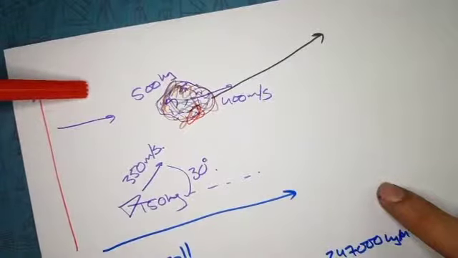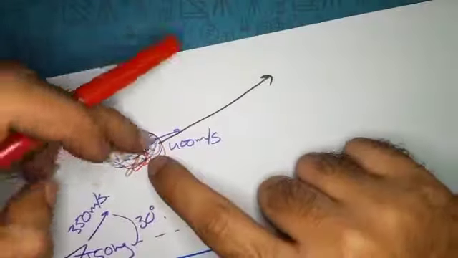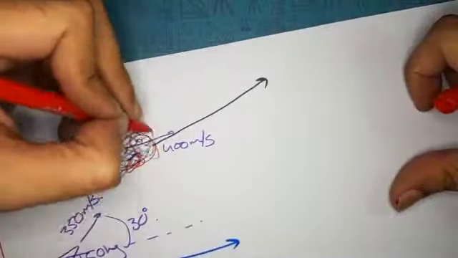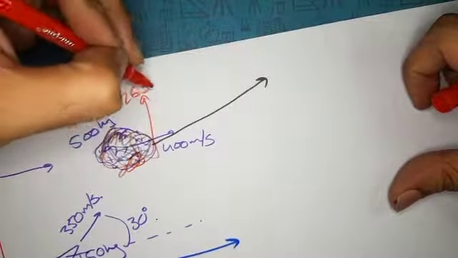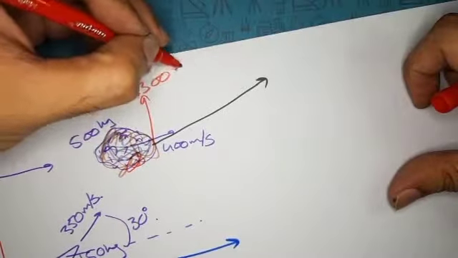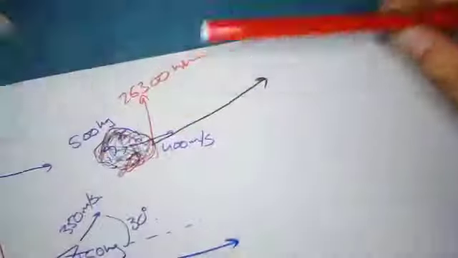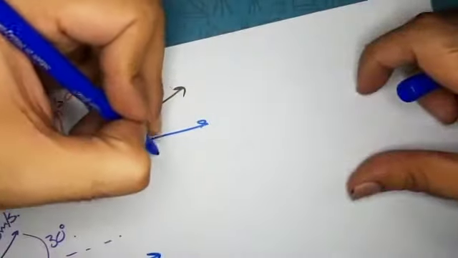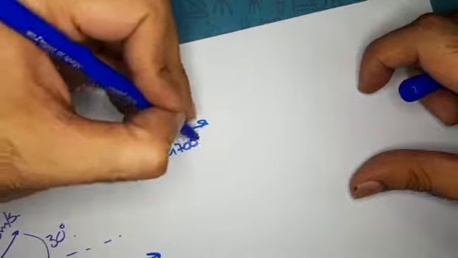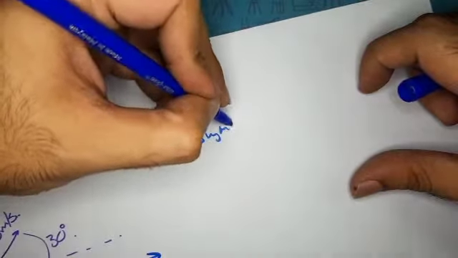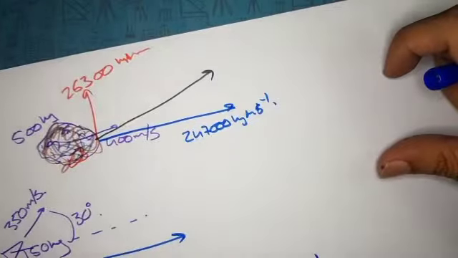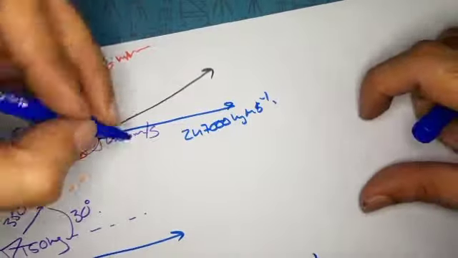So this combined mass of the satellite and the asteroid will have a vertical momentum of 26300 kg meters per second, and a horizontal component of 247,000 kg meters per second.